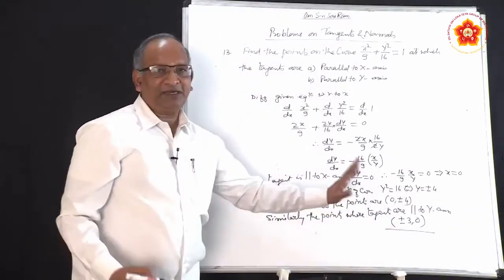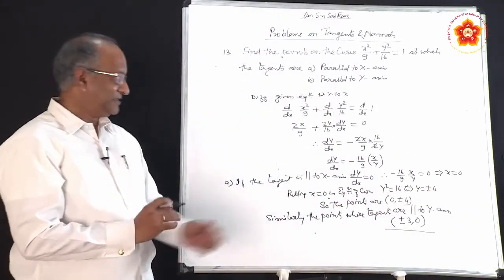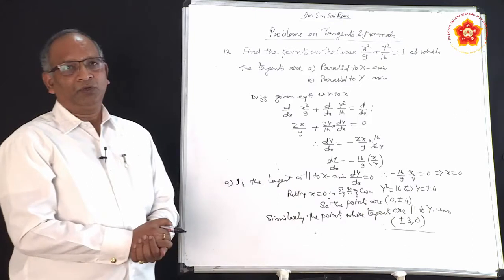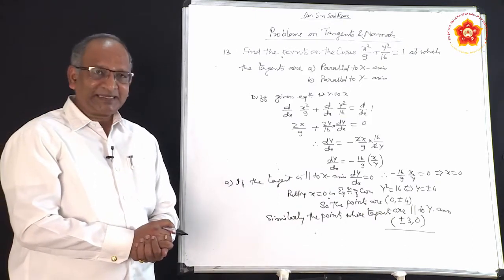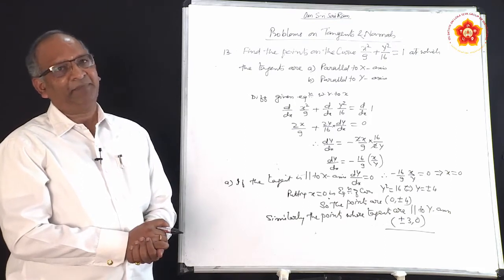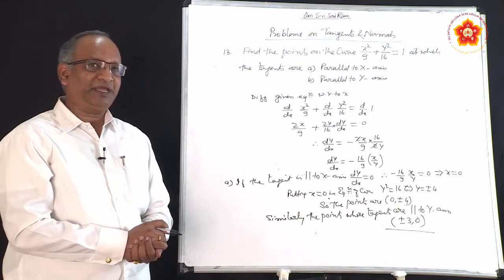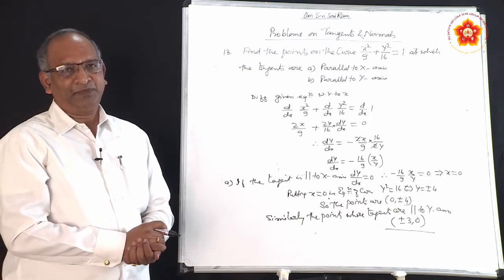This simple calculation you can do yourself as we did for the other one. This is how we can find out the points where tangents can be parallel to the x axis, parallel to the y axis, if you know the equation of the curve. Let us move further.